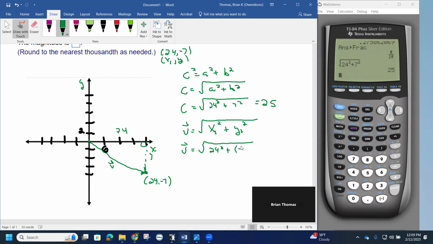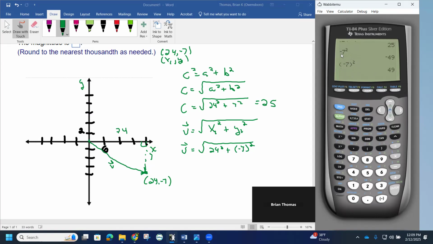But if you're using a calculator, you actually have to put the negative 7 squared in parentheses. Because if you type negative 7 squared like this, the calculator will give you negative 49. But if I put negative 7 in parentheses and then square it, it gives me a positive 49. Technically, the second one reads as negative 7 squared.